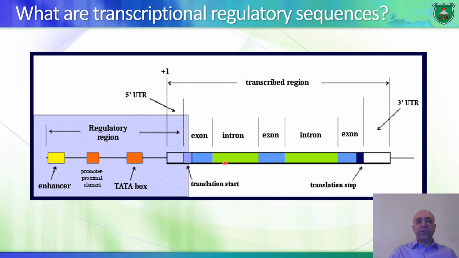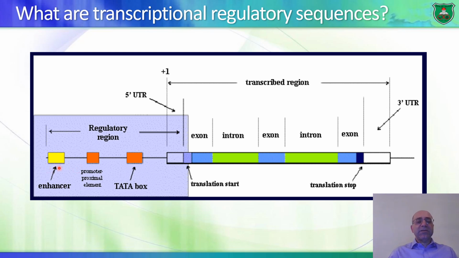Now, what we are concerned with right now is these non-coding sequences, these sequences that regulate the activity of the gene. Here we're talking about the promoter region, the basic promoter region, the TATA box, and the promoter proximal element, these sort of operon-like sequences that make independent genes operon-like.